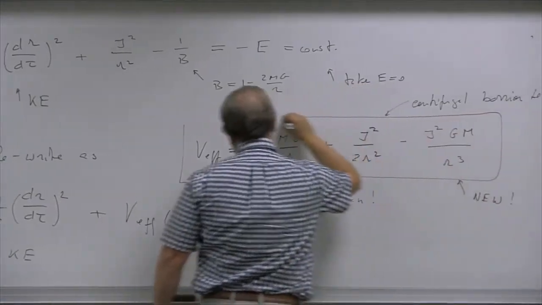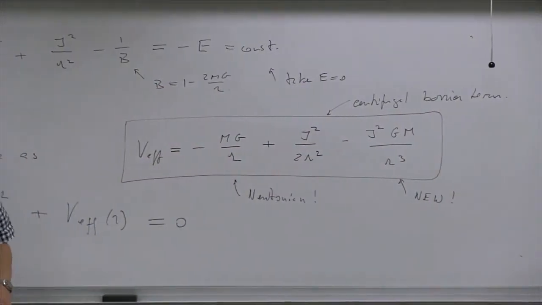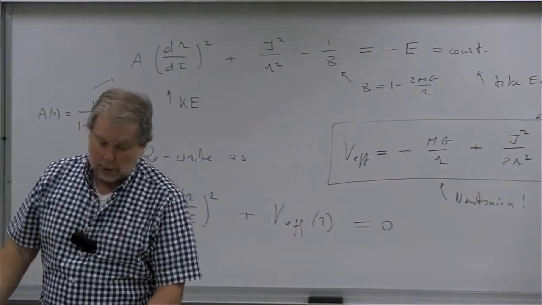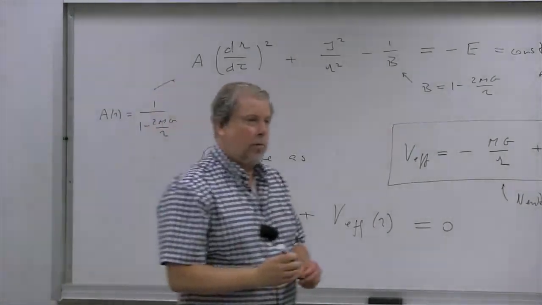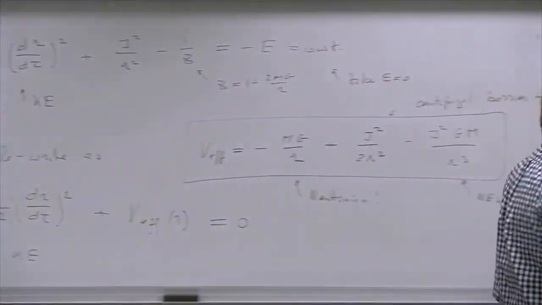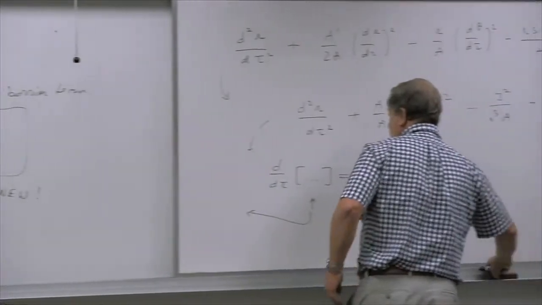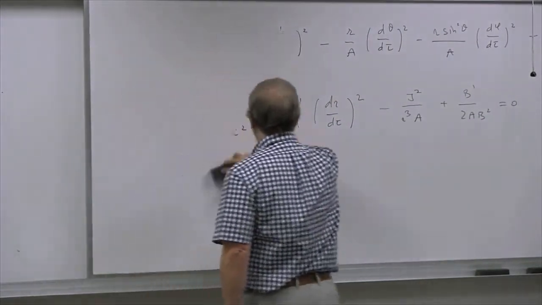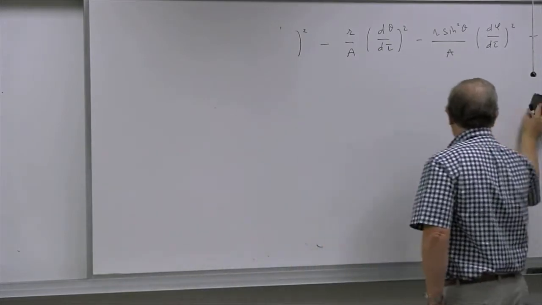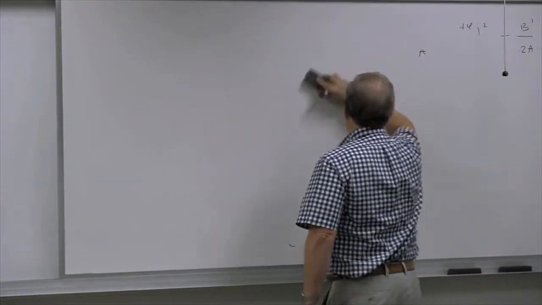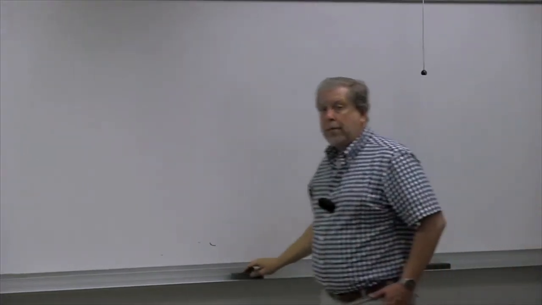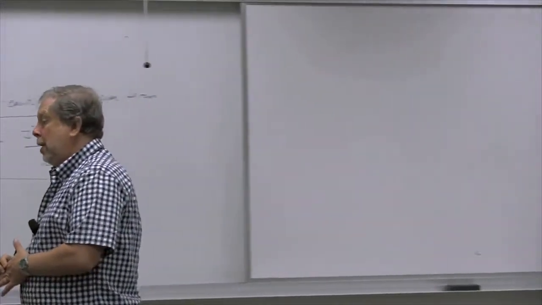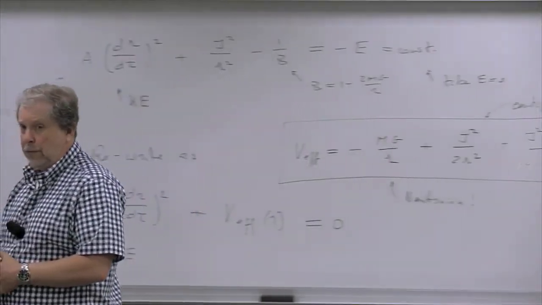It's a remarkable result because we started out with a set of equations, there were 4 of them, which looked pretty complicated, and it looked like you could get all sorts of different terms. But if you look at the conservation of energy equation, just written in terms of the derivative of the coordinate r with respect to the proper time, then you can just write down a simple effective potential for it.